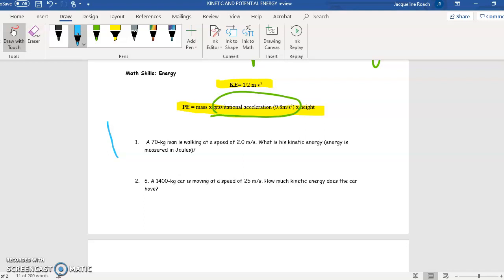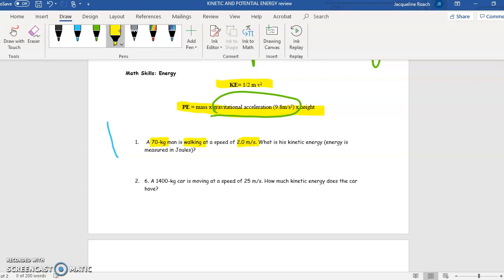Number 1, a 70-kilogram man is walking at a speed of 2 meters per second. What is his kinetic energy in joules? Let's highlight some of these keywords, right? We should always, in our word problems, go through and find our numbers and our units and any words that we think are going to help us. So we have 70 kilograms.